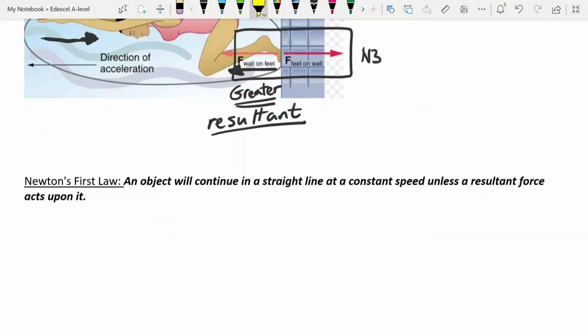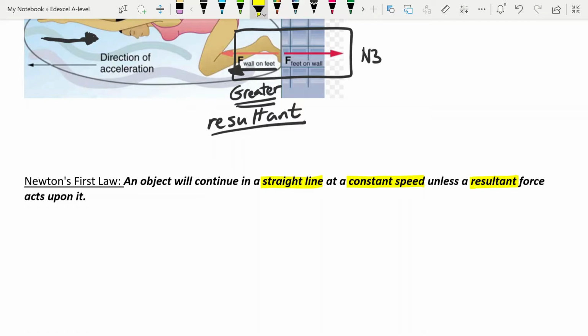Because Newton's first law says an object will continue in a straight line at a constant speed. In other words, at a constant velocity, unless you get a resultant force. So without one force being bigger than another, the object will just continue on the way it was. Now that could be stationary. A velocity of 0 is still a constant velocity. That could be at a constant speed.